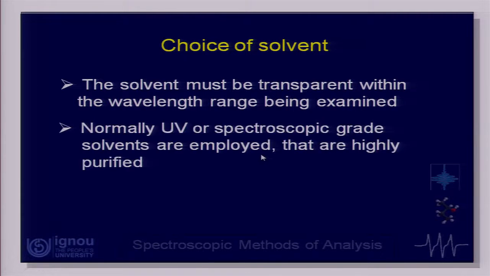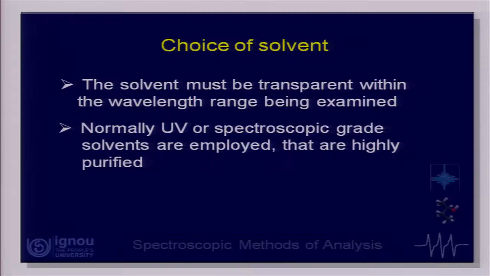And what you find is, typically for UV measurement, we use solvents which are UV grade, also called spectroscopic grade solvents. These are solvents which are extensively purified, so that they do not absorb this radiation, because typically if you take a solvent and pass radiation through it, even the solvent itself will absorb. If it absorbs, it will interfere with my determination of the analyte.